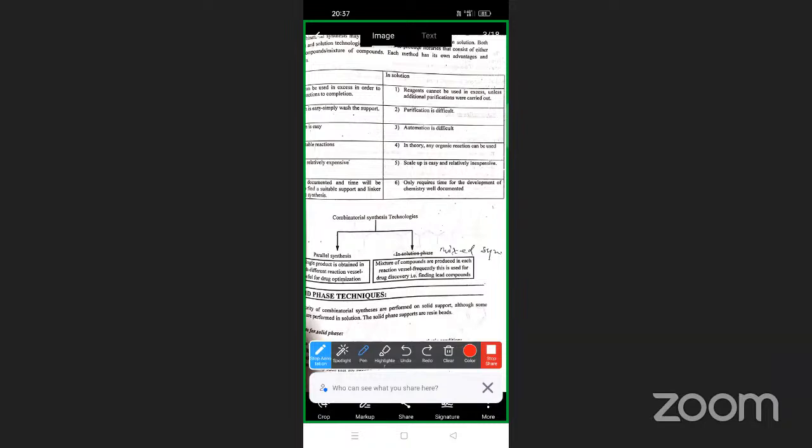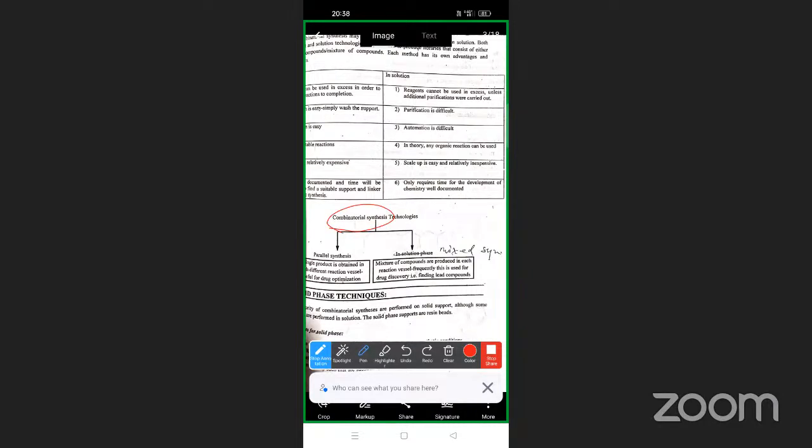But this greatly reduces the time, because we are not synthesizing the molecules by taking the starting material. What we are doing is taking the molecules from the synthetic libraries. The molecules synthesized by this combinatorial synthesis will be preserved in the synthetic banks.